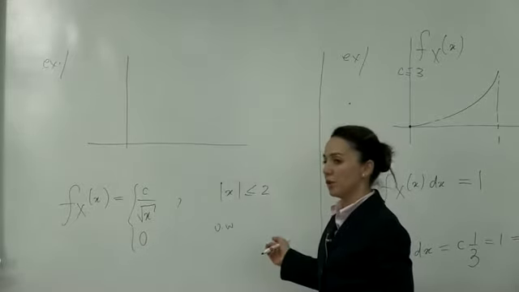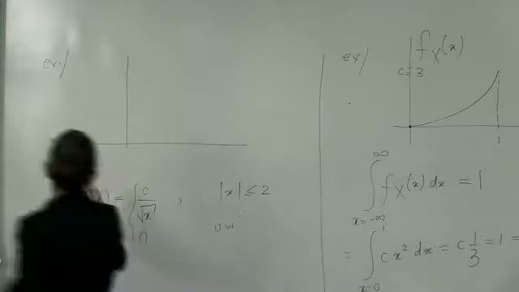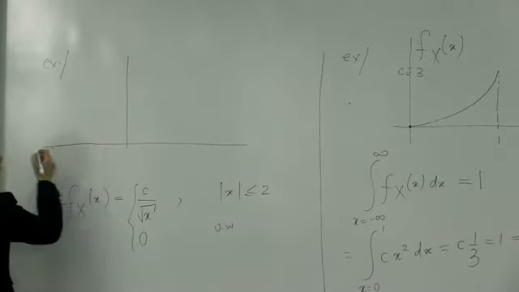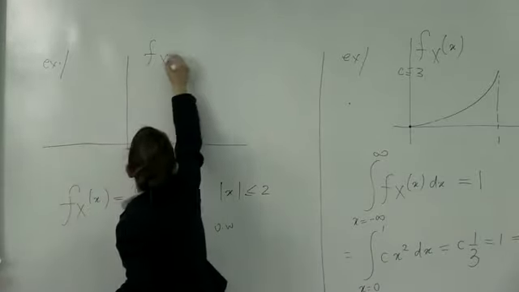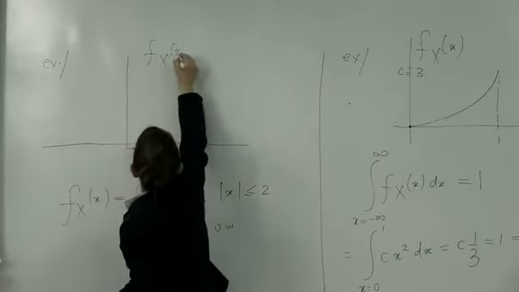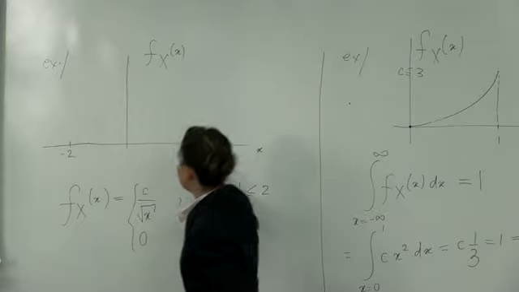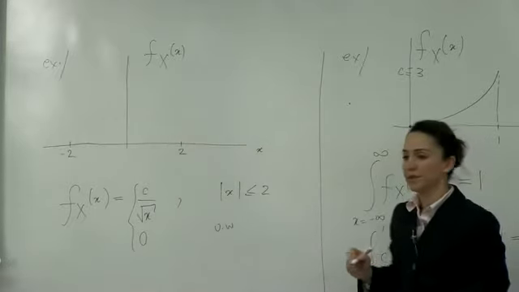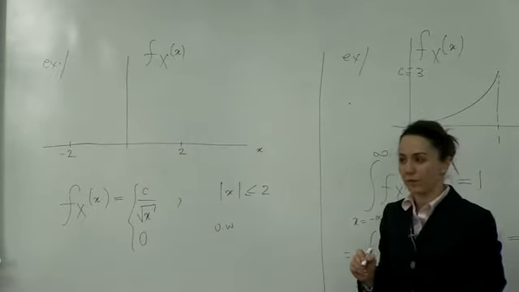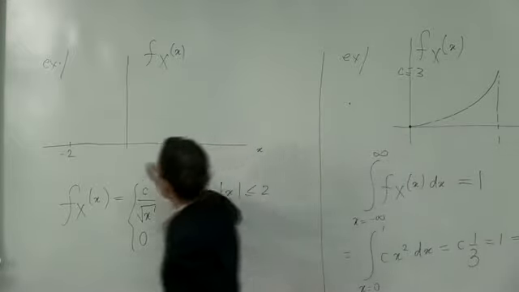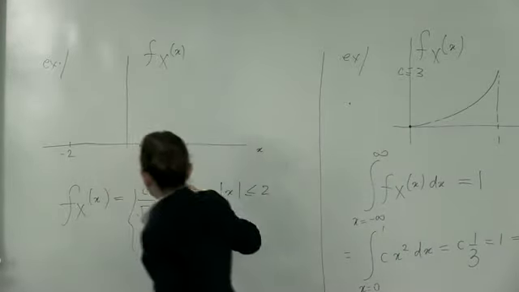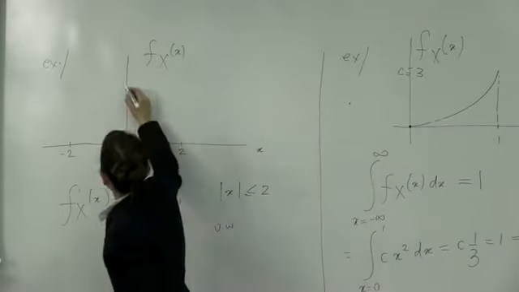So how would this look if we plot it? First of all, the PDF fx of x takes values only from -2 to +2. At 0, what happens? It goes to infinity. So how does it go?